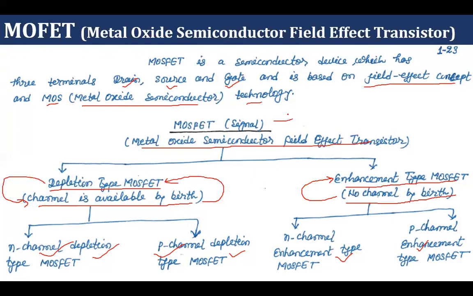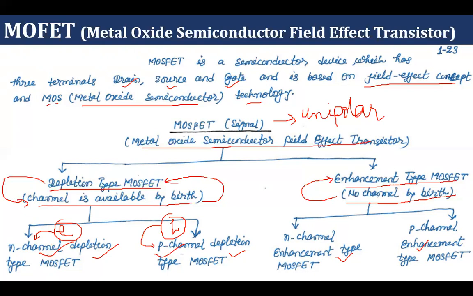MOSFET is unipolar device. BJT is a bipolar device, whereas MOSFET is unipolar device. And if electron is responsible for flow of current, then such MOSFETs are known as N-channel MOSFET. And if holes are responsible for flow of current within the MOSFET, then such MOSFETs are known as P-channel MOSFET.